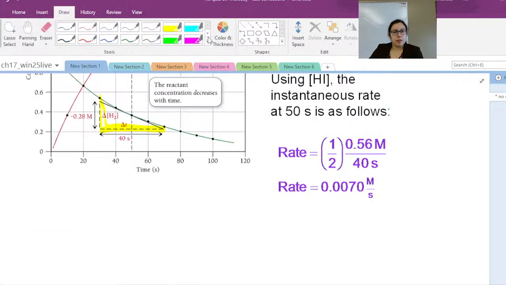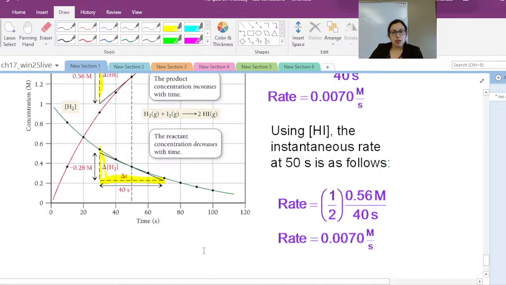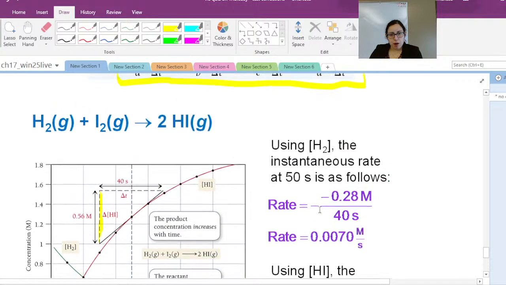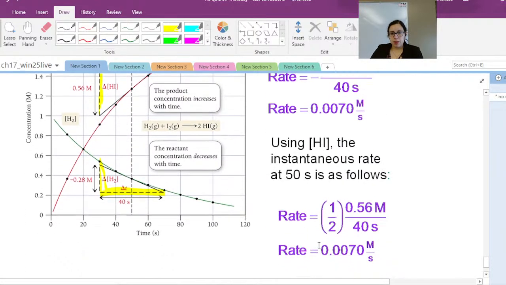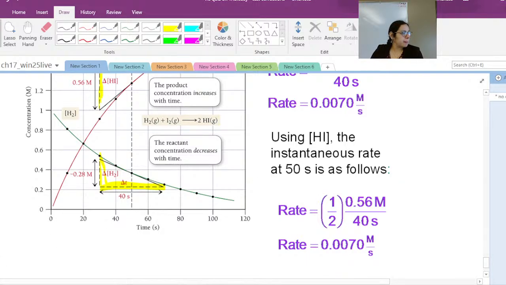Sorry. Remember from our balanced equation, there's a 2 there, so we know it's increasing twice as much. To get it to the same factor, you do 1 over your coefficient, so 1 over 2 brings us to that same rate.